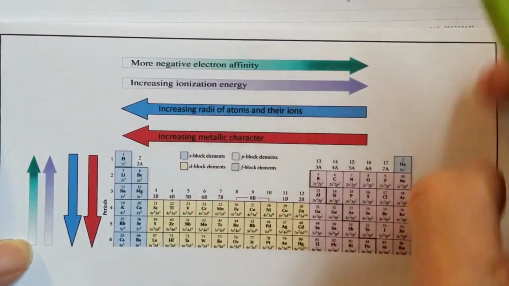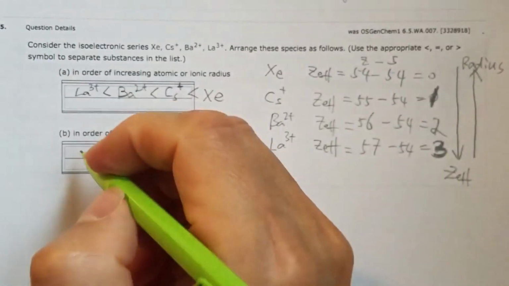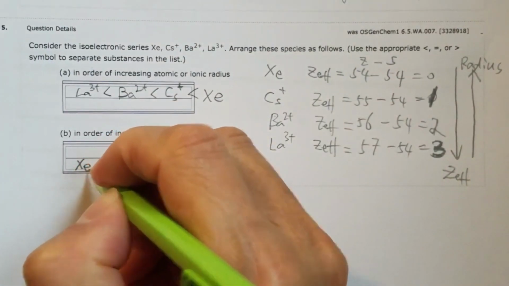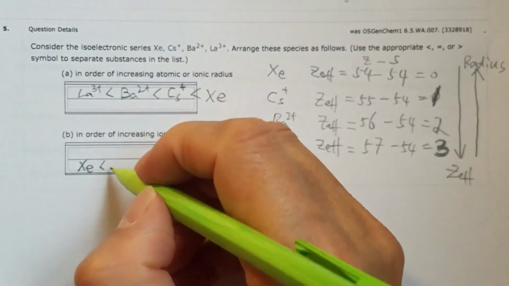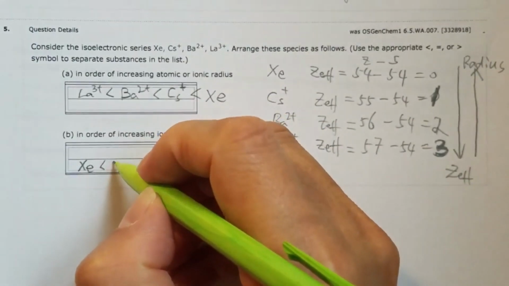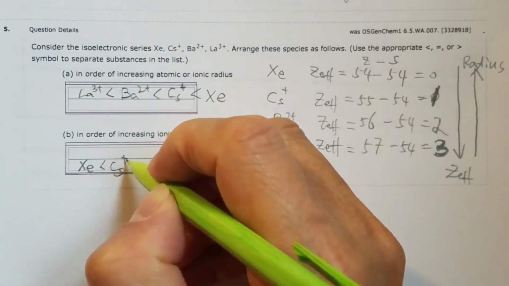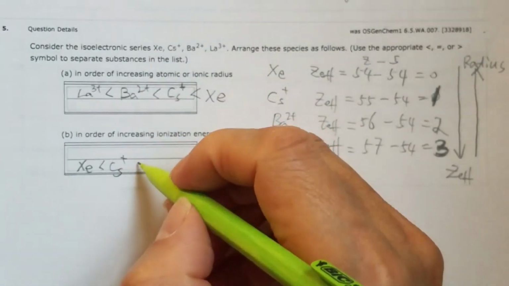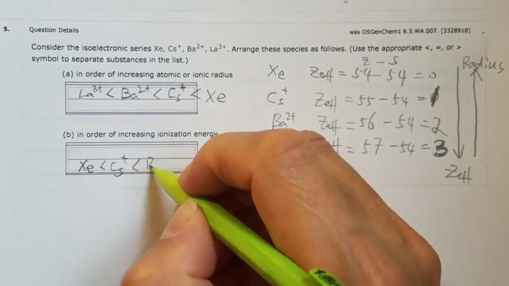So therefore, the trend should be opposite, the opposite trend found in question 5A. This is Cs, Ba.